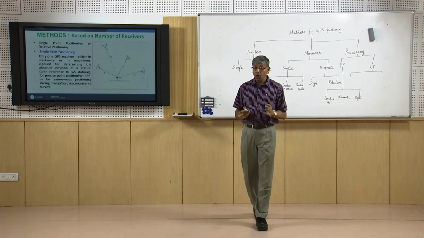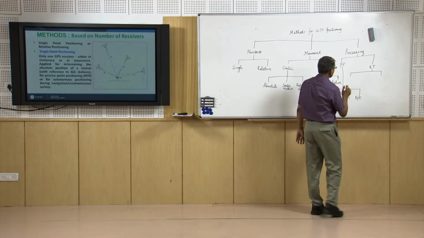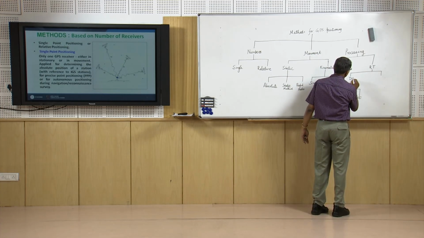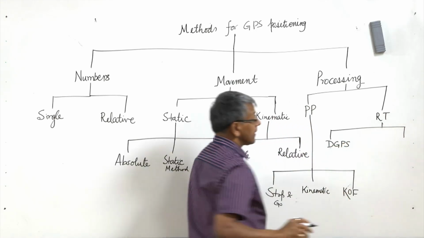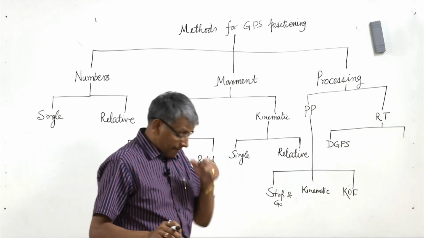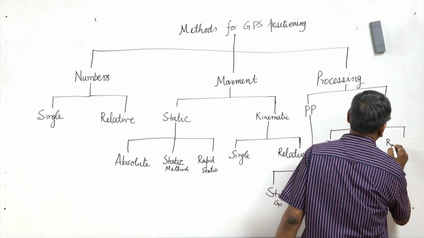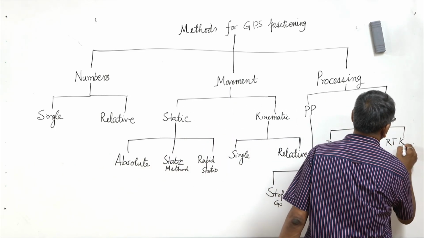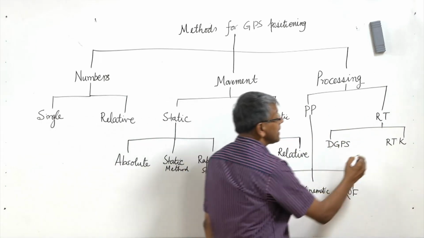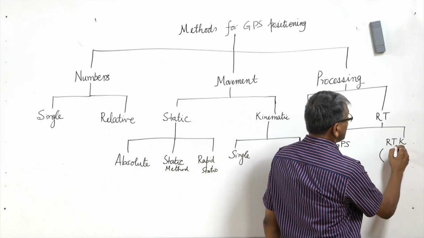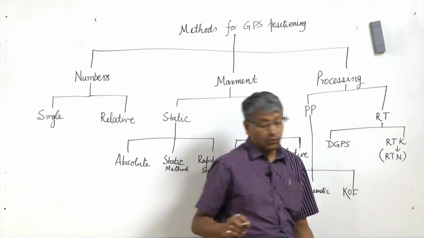Under real time there are two types depending upon what type of data will be processed. One is called DGPS, differential positioning, another is called RTK, real time kinematic, and nowadays one special variety of RTK is also available, that is called RTN, real time networking.